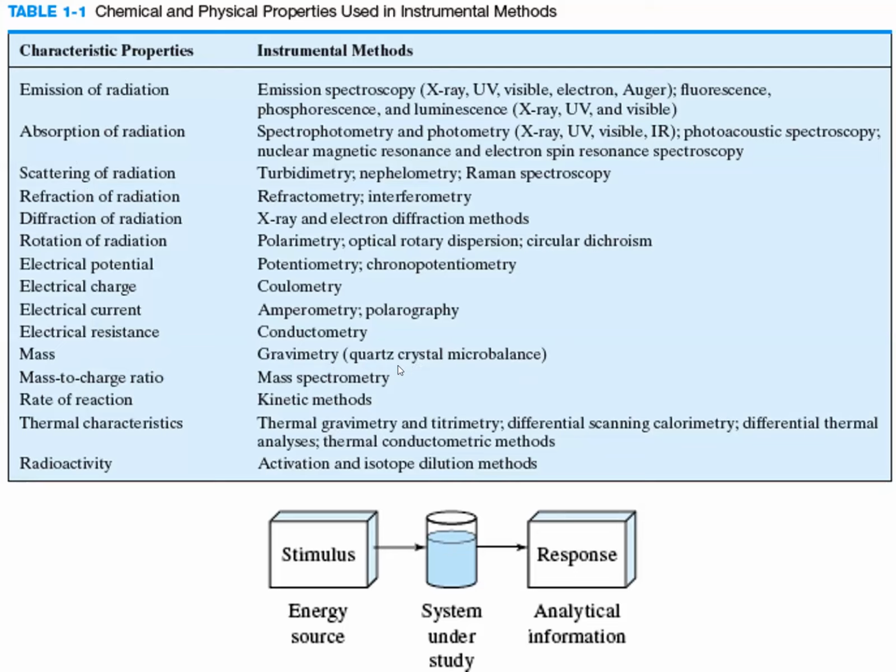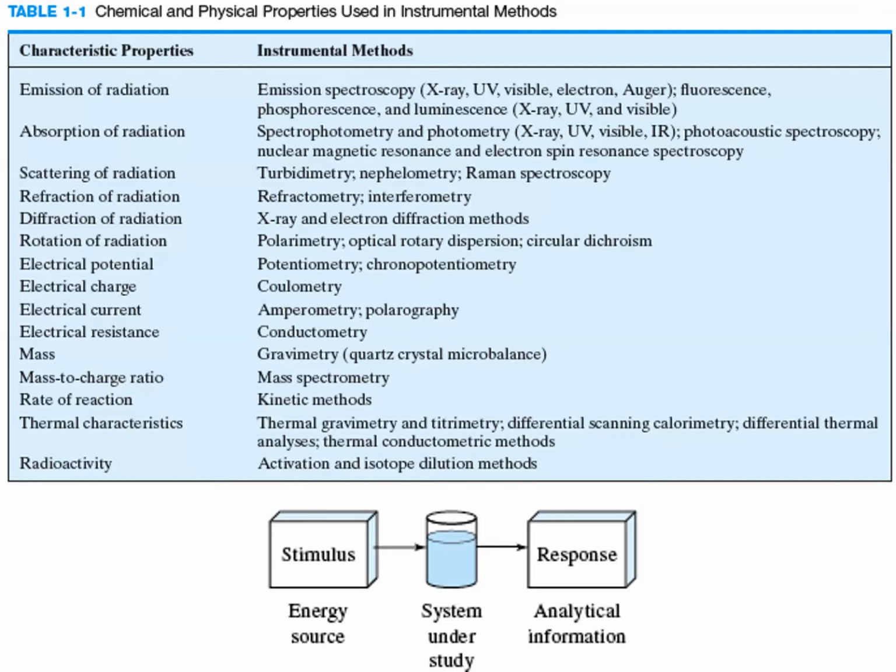This is the basis of the quartz crystal microbalance. Now, there is one other analytical technique widely used in biological samples and environmental samples, and that involves measuring the mass to charge ratio of your analyte.